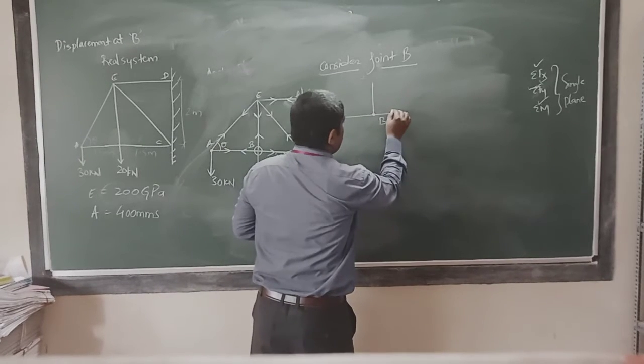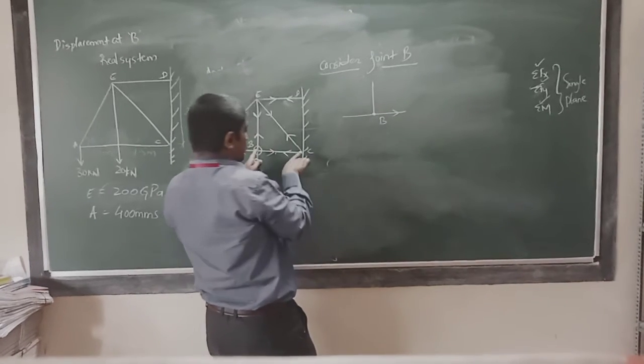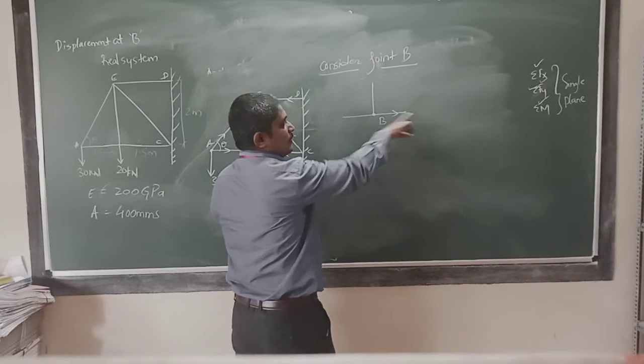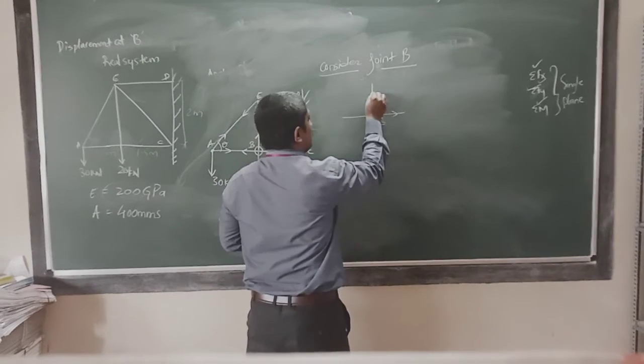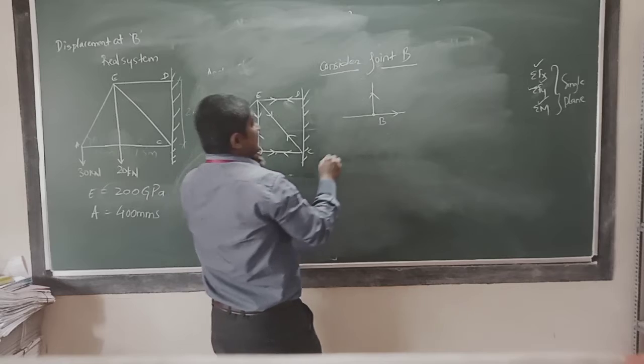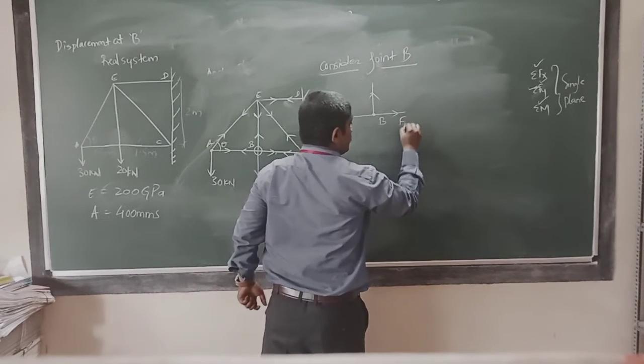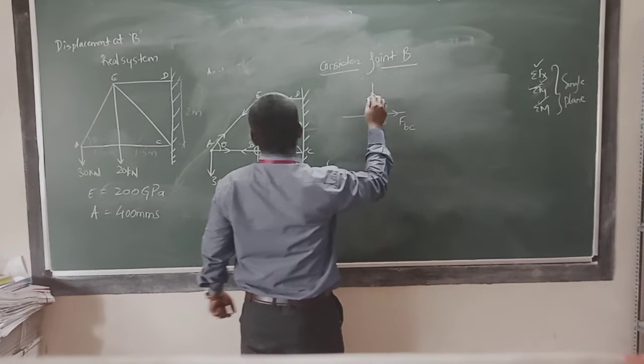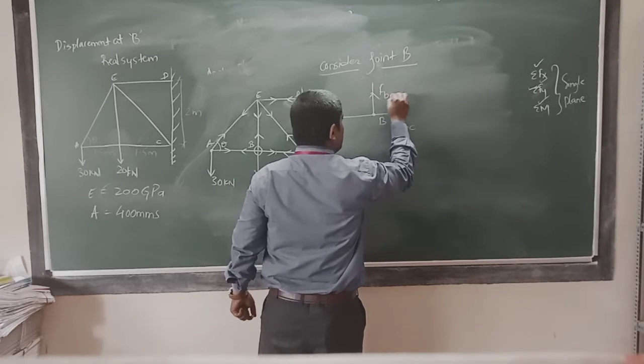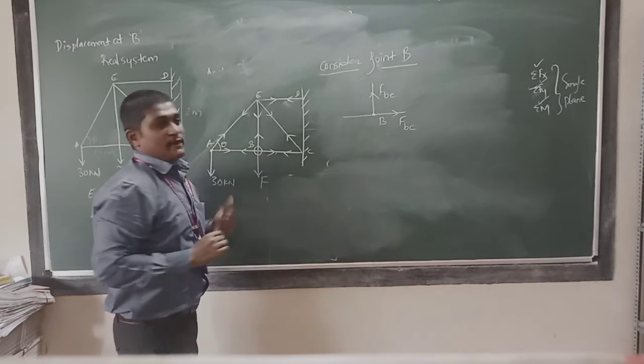Now BC is connected. So BC is unknown. We are considered as away from the joint. We have assumed with the tension. BE is there. So it can be written as FBC. This can be written as FBE. AB already we have calculated.